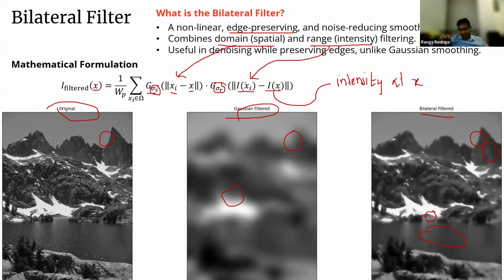Okay, x represents two numbers, x coordinate and y coordinate. I(xi) is the intensity at a nearby location, at xi.